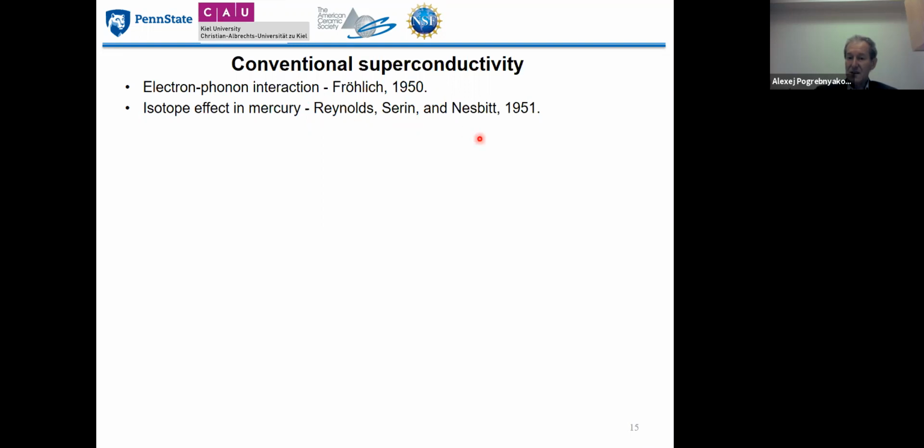The next year, it was found that mercury has an isotope effect.